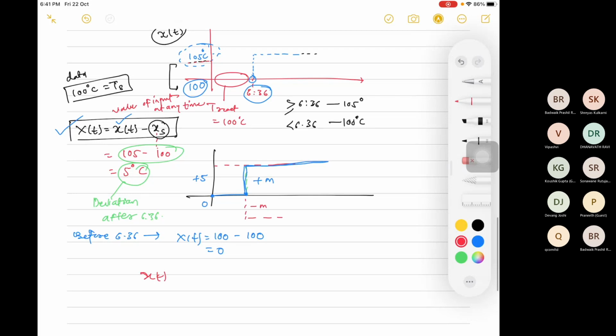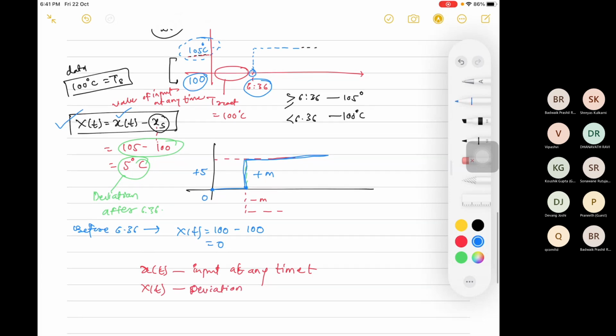Small x of t is input at any time t. Okay, capital X of t is your state deviation variable, and you know the definition of deviation variable. X of s, x suffix s, is your steady state value of input.